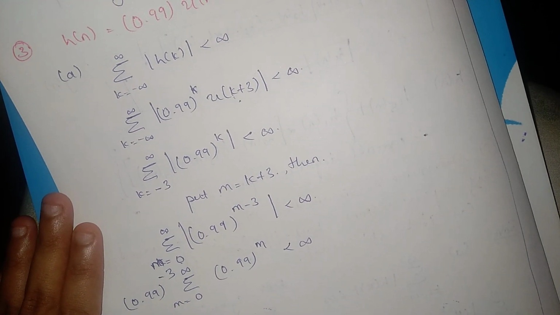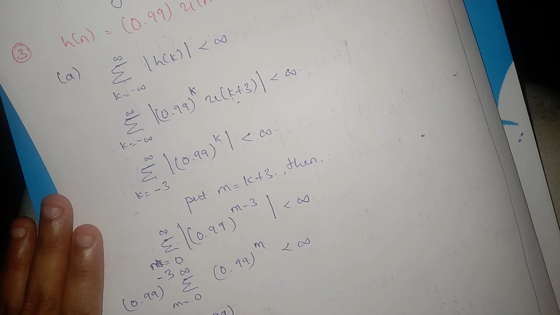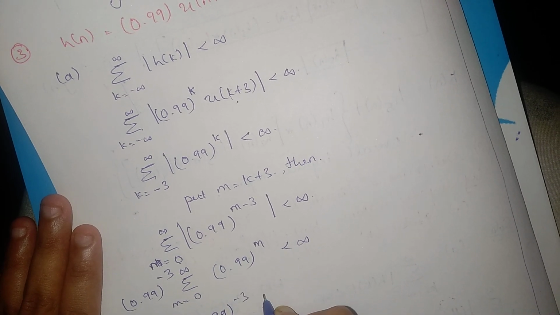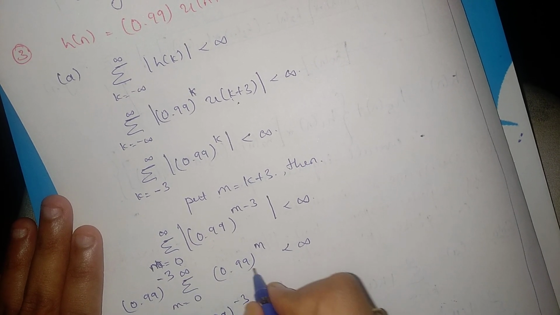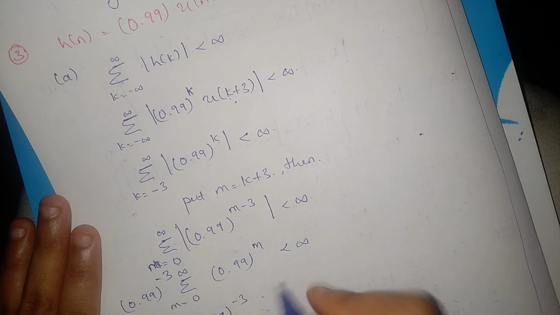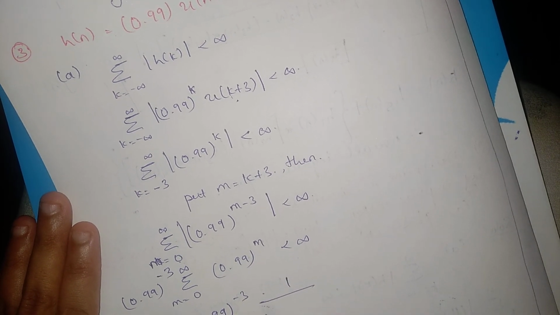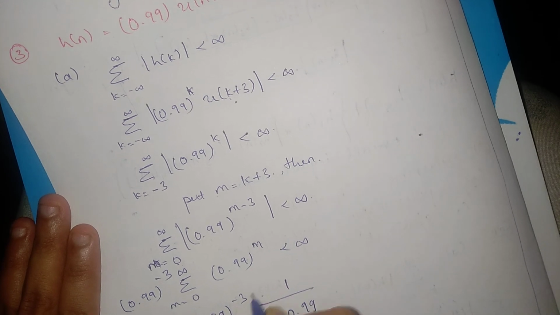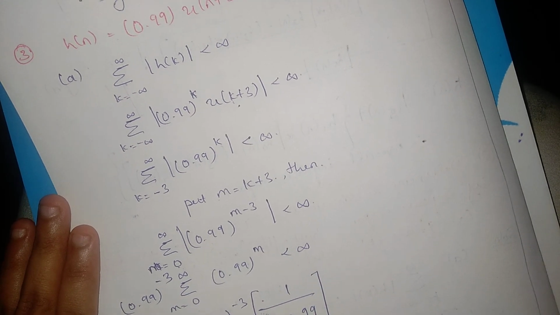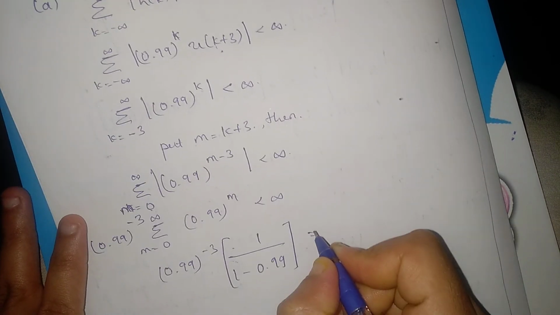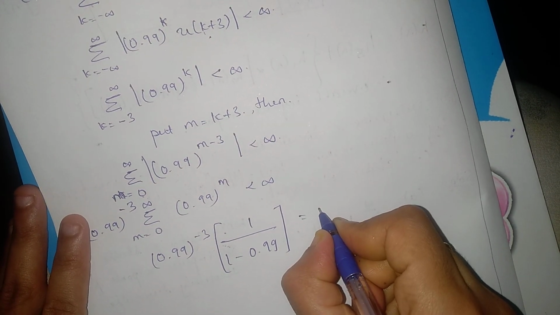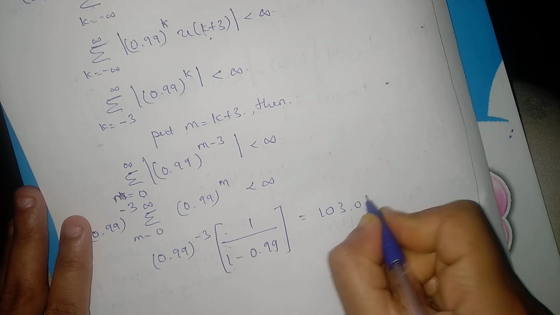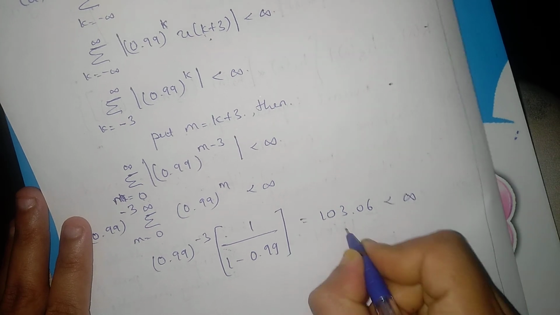So again we are simplifying 0.99 to the power of minus 3. So this 0 to infinity alpha to the power of k, we can write it as 1 divided by 1 minus alpha. This is the alpha value. If you simplify using a calculator, you can get it as 103.06, which is less than infinity.